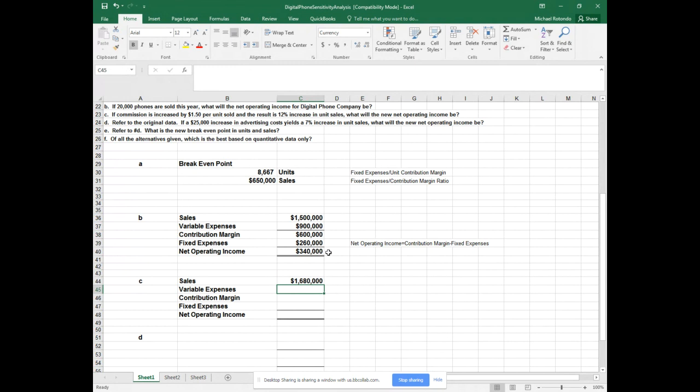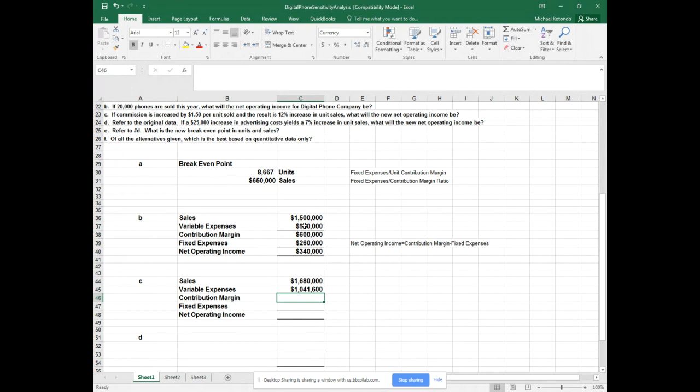How will this affect our variable expenses? Well, let's take the 20,000 units times 1.12, or 112% again. But now we got to remember that our variable expenses are now $46.50 per unit, not $45. So that gives us variable expenses now of $1,041,600.